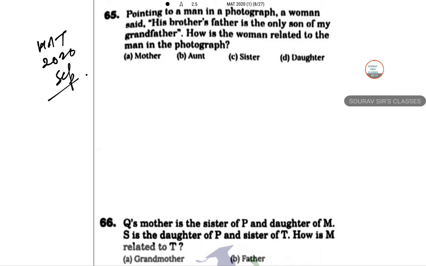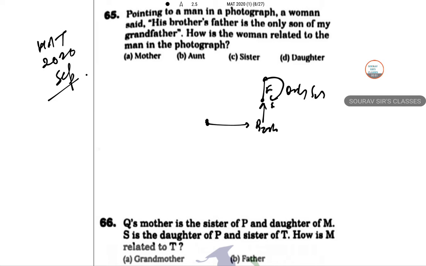Pointing to a photograph of a woman, a man said, "His brother's father is the only son of my grandfather." So, how is the woman related to the man in the photograph? Starting from this, the man in the photograph is the brother, and then the father of this person, and then he is the only son.